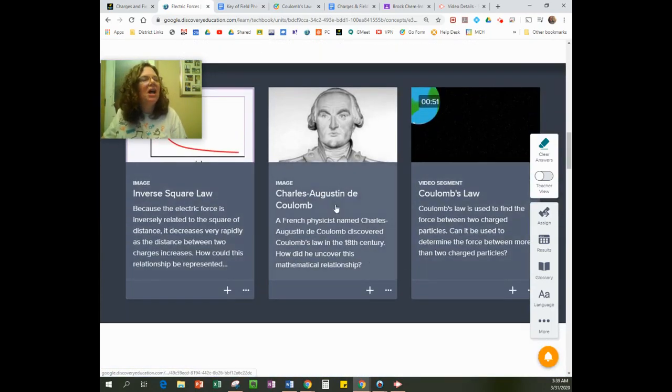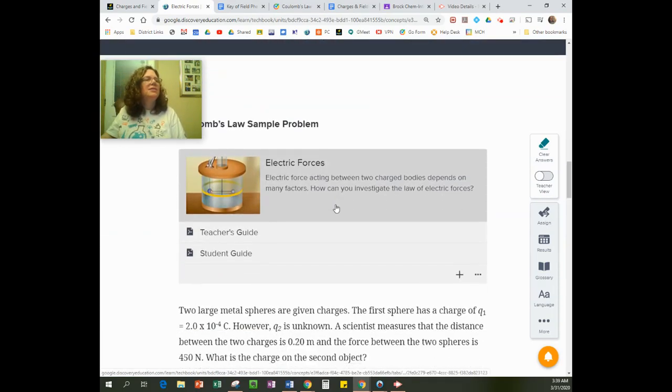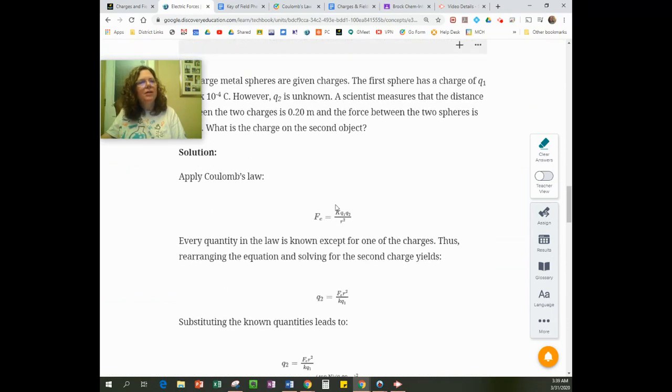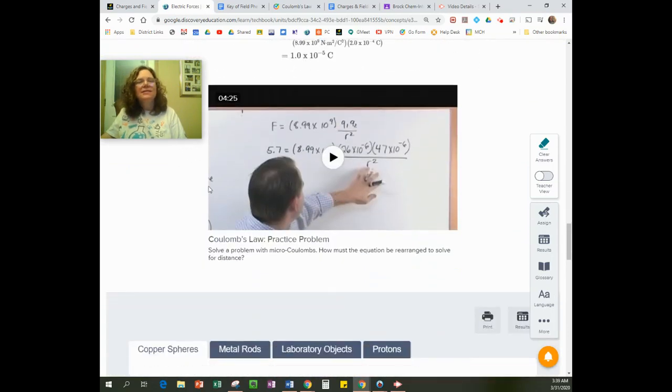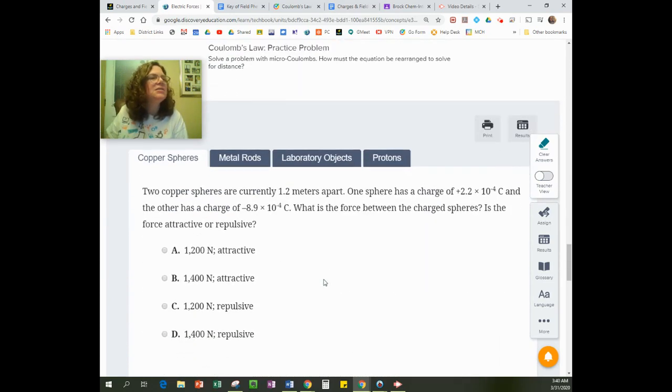You could read that if you'd like, or if they're videos, you could watch those if you want. Sample problem. It has a little dude here. He is doing Coulomb's law, but he's finding distance. Wait, we only found the force, right? Well, I don't think you're going to have to find the distance.